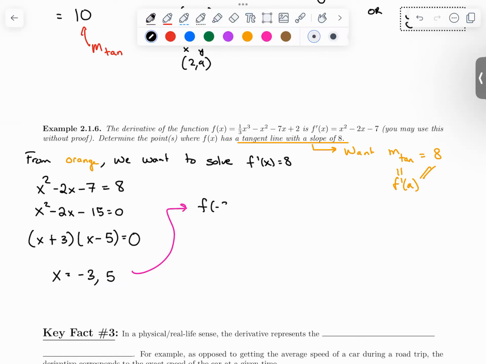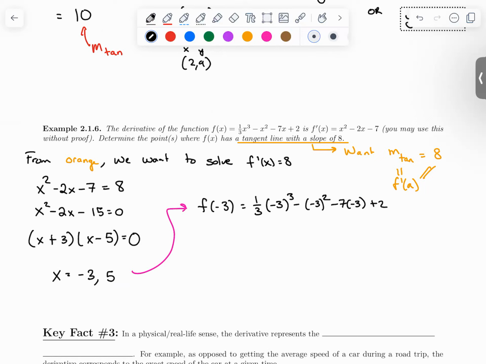So f of -3 is 1/3 times -3 cubed minus -3 squared minus 7 times -3 plus 2. And yes, I'm writing it out. You wouldn't need to do that on a quiz or an exam. You could just use your calculator. I'm just doing it so that when we're looking back at our notes, we understand what we plugged in.